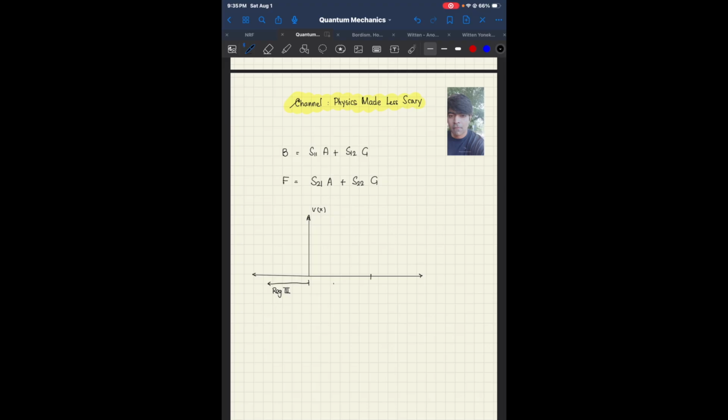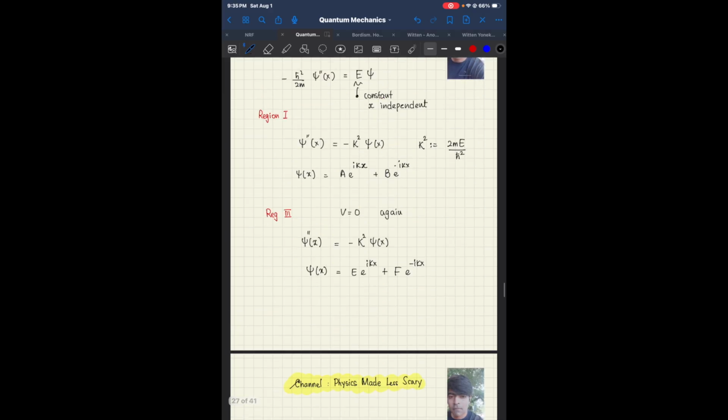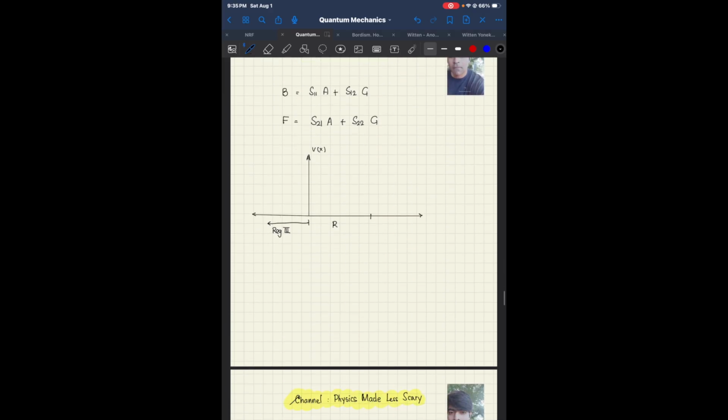Somewhere here is, oh no, I think I called it region 1. Sorry, not region 3, region 1. This is region 1. I think this I called region 2, from here to here. And this is your, again, region 3.